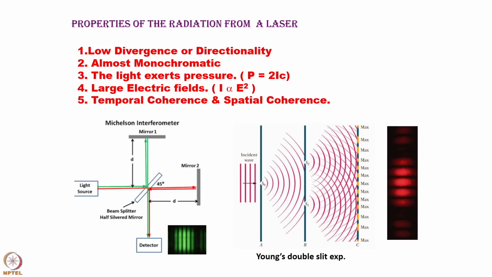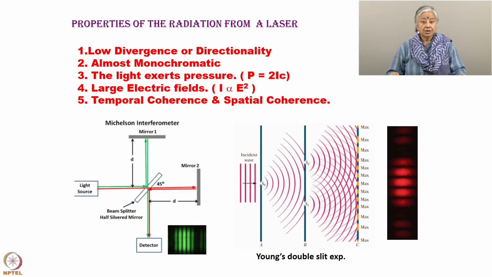So, here I will be explaining how the radiation from a laser is different from usual ordinary light that is coming from the sun or bulbs or tube lights or other sources of light. How are the laser light properties different from those?